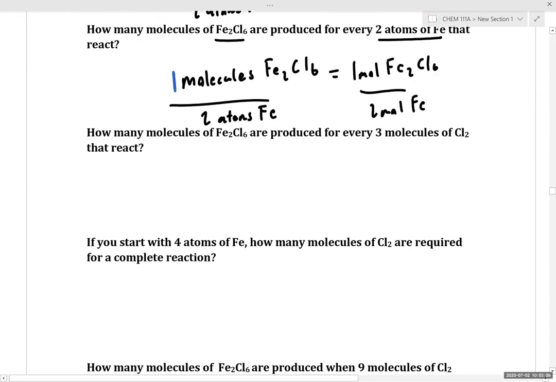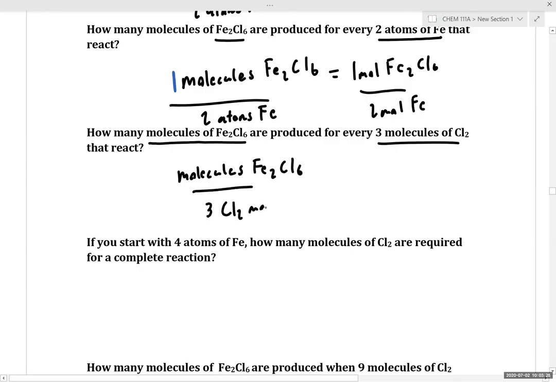Okay, now let's continue on with this. How many molecules of product are produced per every 3 molecules of chlorine? So we're looking at molecules of product per every 3 chlorine molecules.